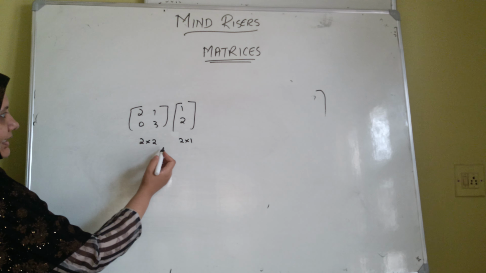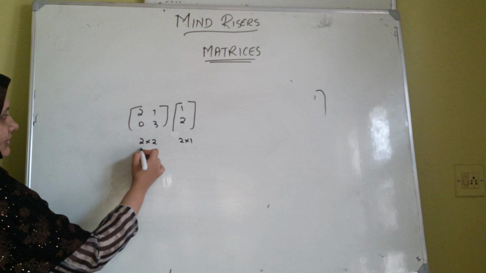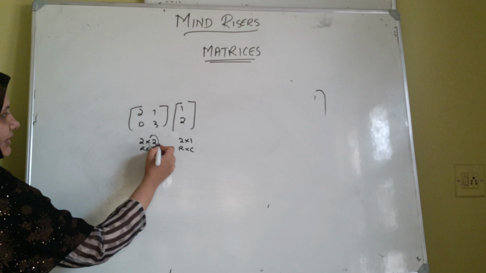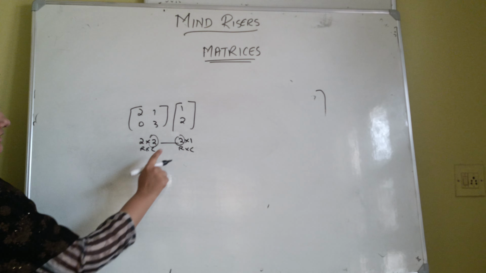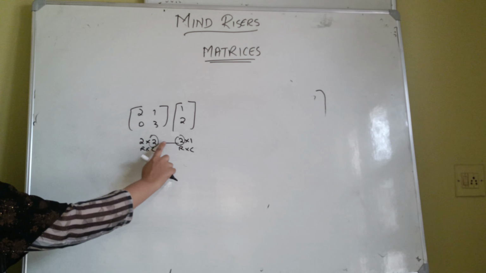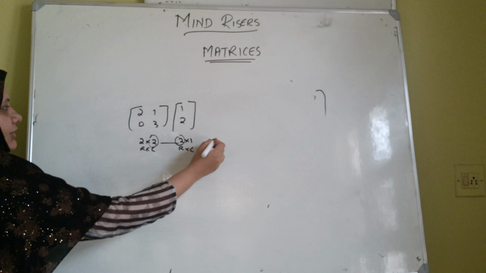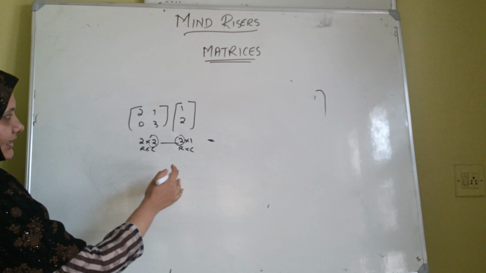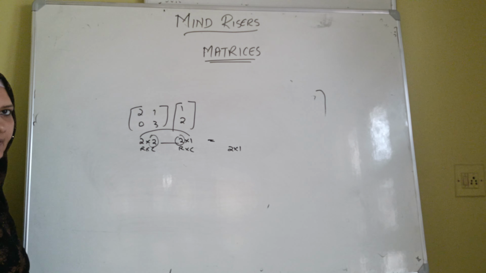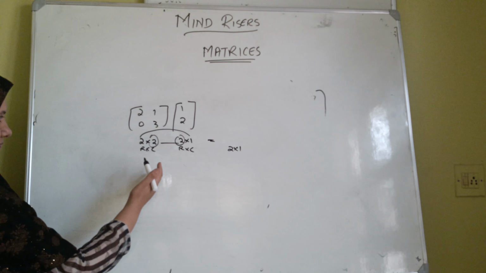Now you can multiply them only if the columns of the first matrix matches the rows of the second matrix. So these two can be multiplied only if these numbers are matching, and the product that we are going to get will always be of this order, that is 2 cross 1 upon multiplication.